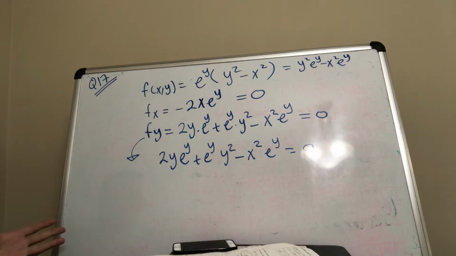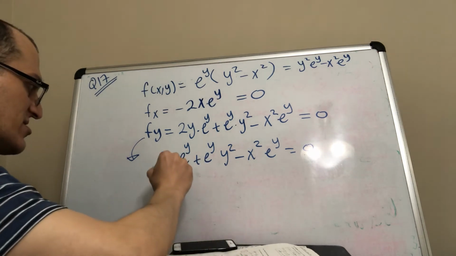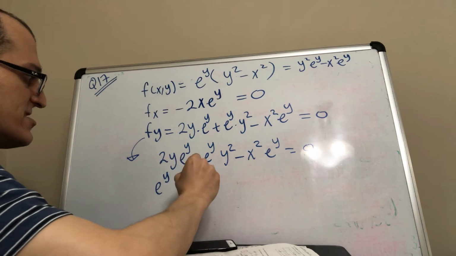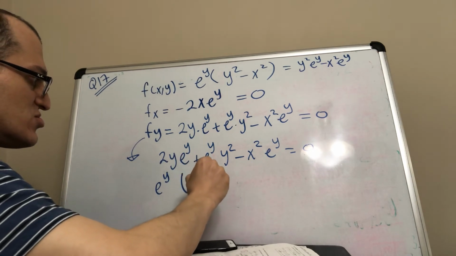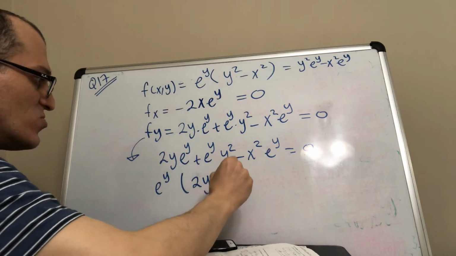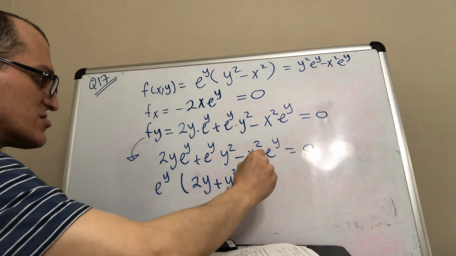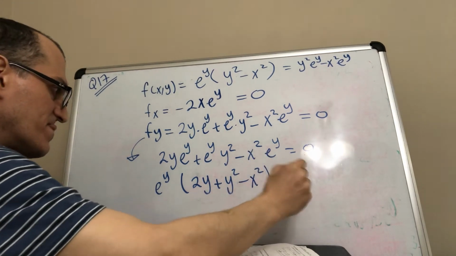What I can do is take e^y as a common factor. So it's 2y plus y squared minus x squared equals 0.